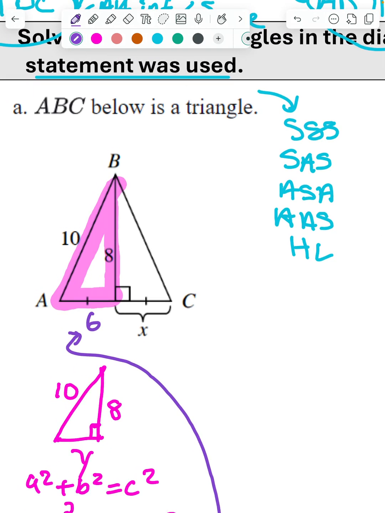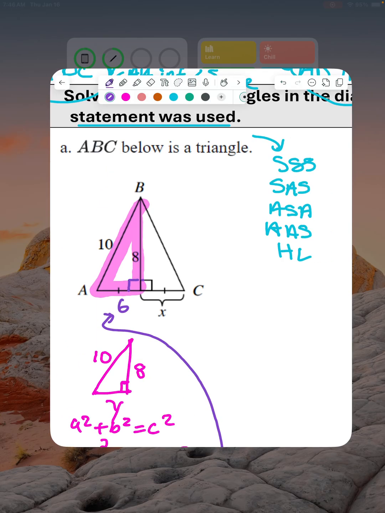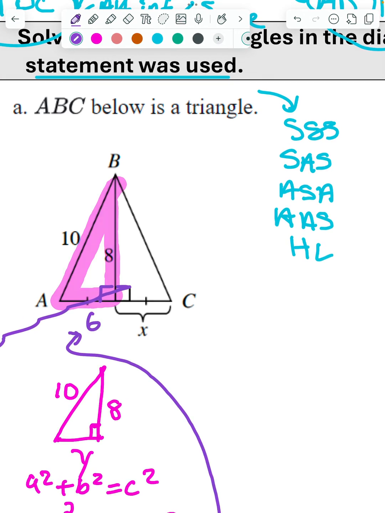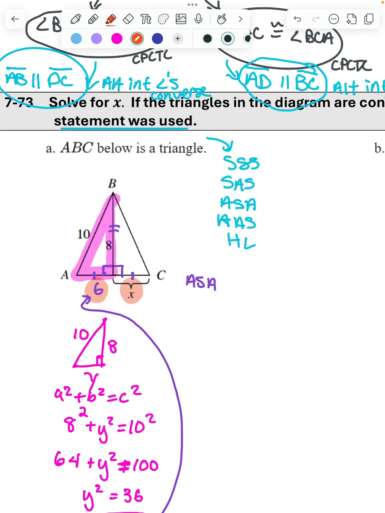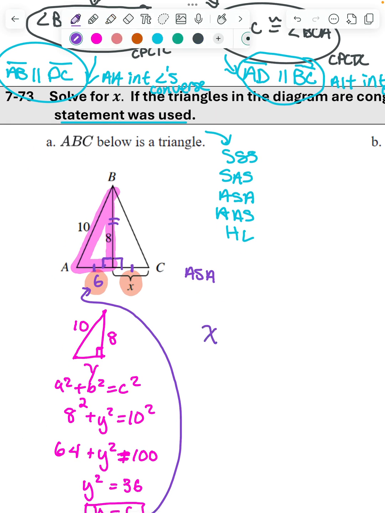Now, with these two triangles here, these are both right angles. I have two congruent sides, and I have a shared side due to reflexive property. So these triangles are congruent due to angle, side, angle. And so because I just found out that this side was 6, I can also say that x is 6 as well.